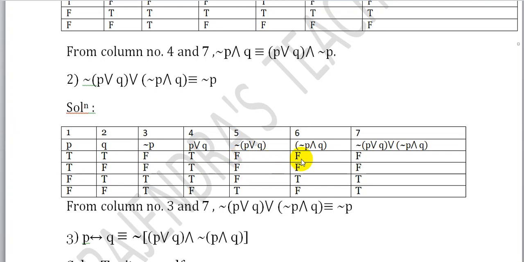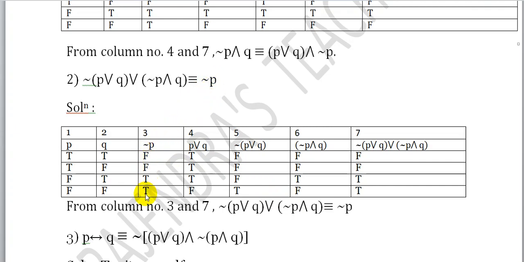So F or F is F, F or F is F, F or T is T, T or F is T. Because if anyone is true, then it is true in OR condition. Now we see that column number 3 is negation P, which is the right hand side of the given statement.